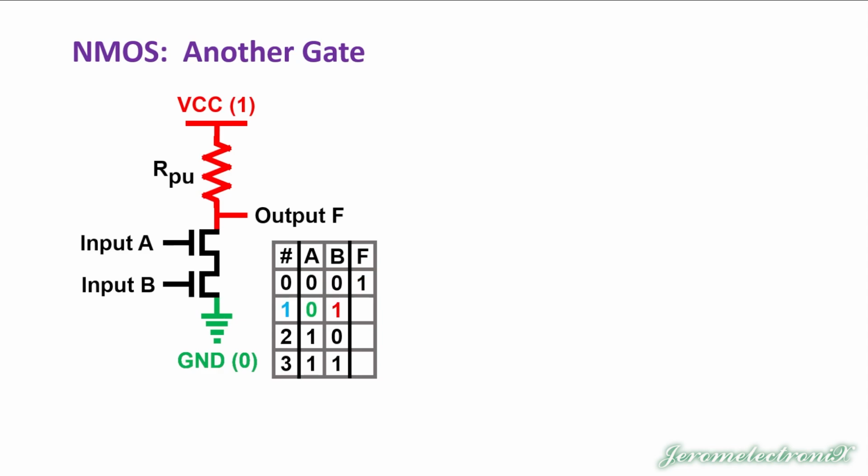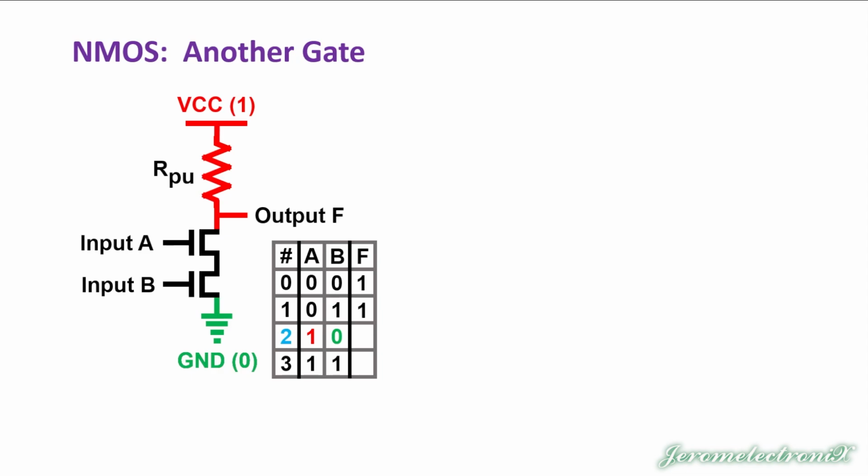What if we open one of the gates? We're going to allow flow through gate B because we are feeding it a 1, but we're blocking gate A with a 0, which means technically the ground level of voltage will not reach output F either, because both gates have to be allowing flow.